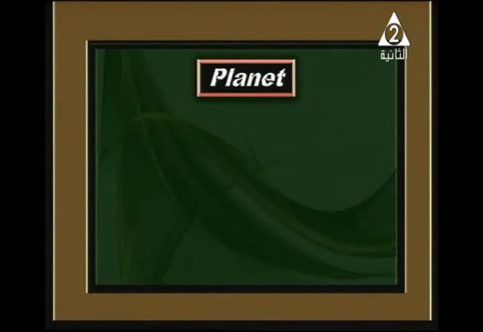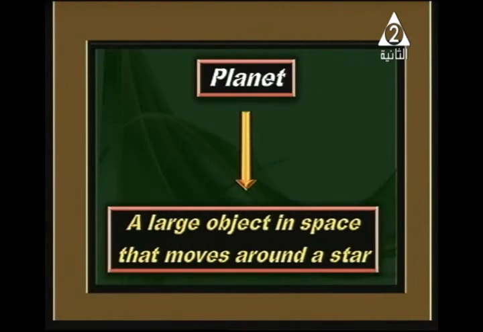Planet: a large object in space that moves around a star.